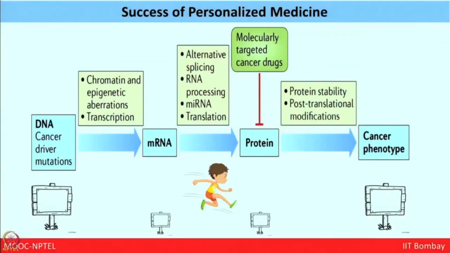If we look at it, solving a problem like cancer with the help of genomics is like jumping from one hurdle to the last hurdle, and we are not taking into account a number of conditions and parameters that come in between the two hurdles.